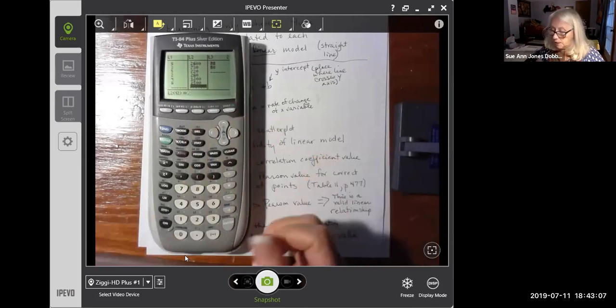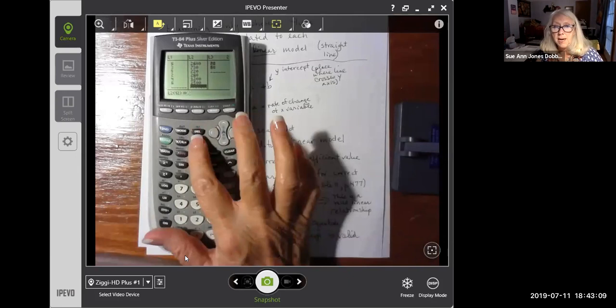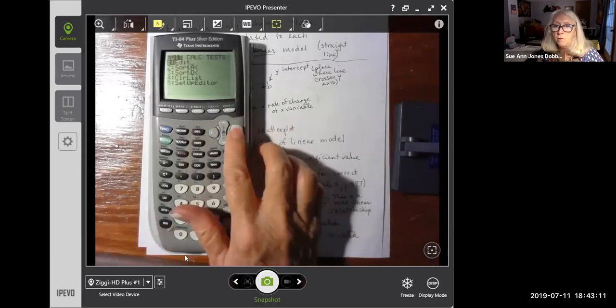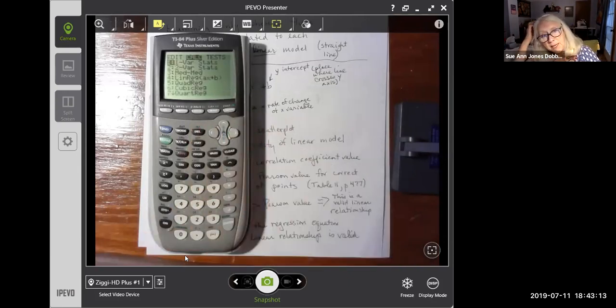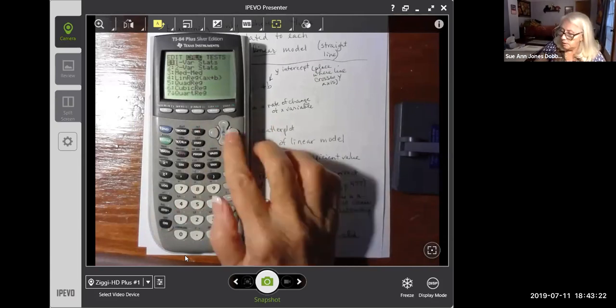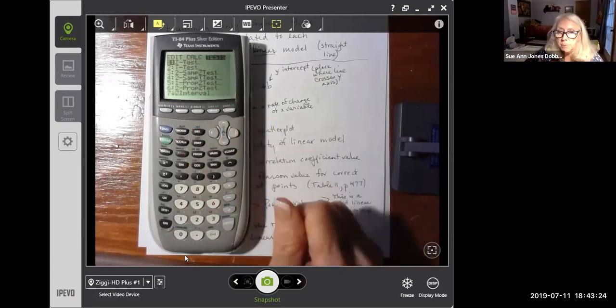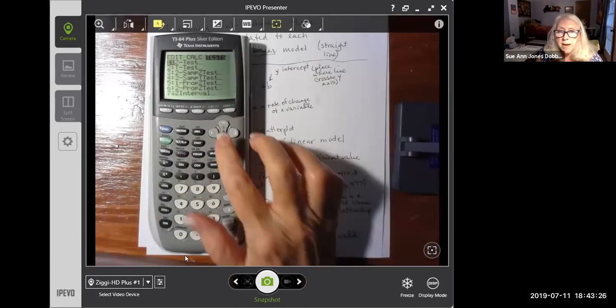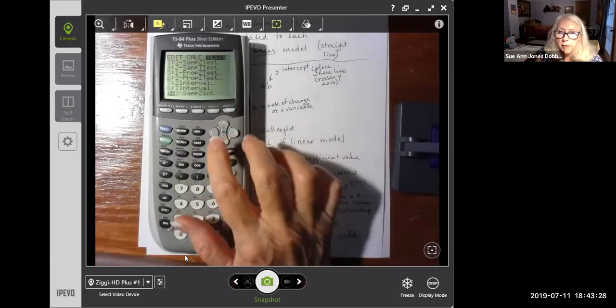So then I'm going to go to Stat. I'm going to go over to Calculate. Now, it is possible to do this from the Test menu or from the Calculate menu. So I'm going to go ahead and go to the Test menu, and I'm going to go down until I find linear regression.